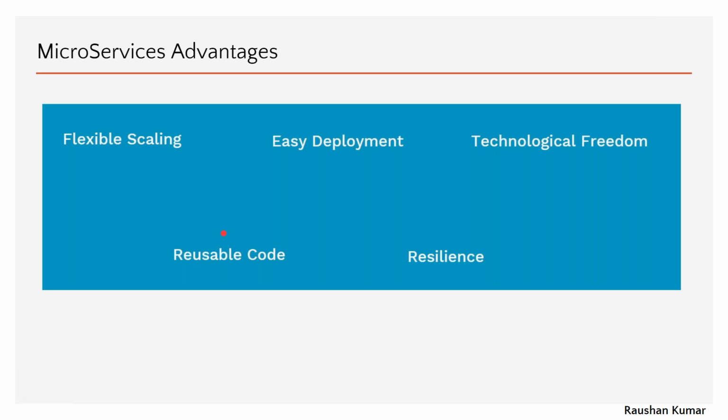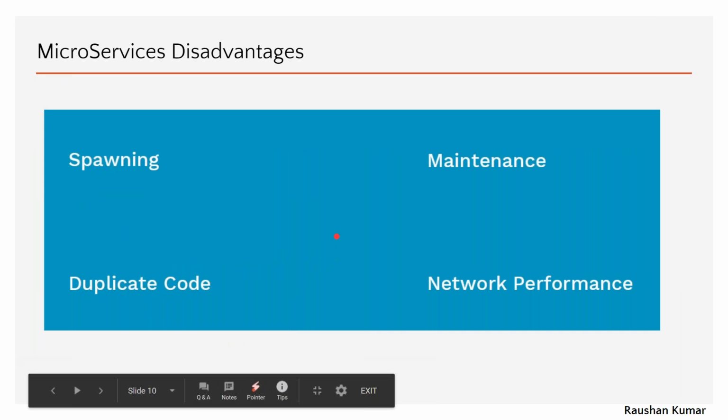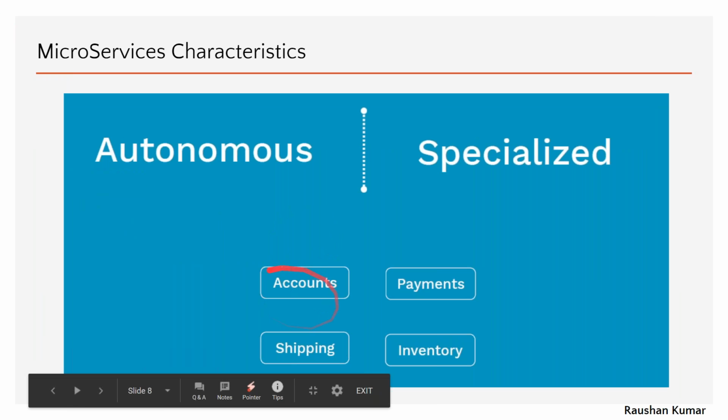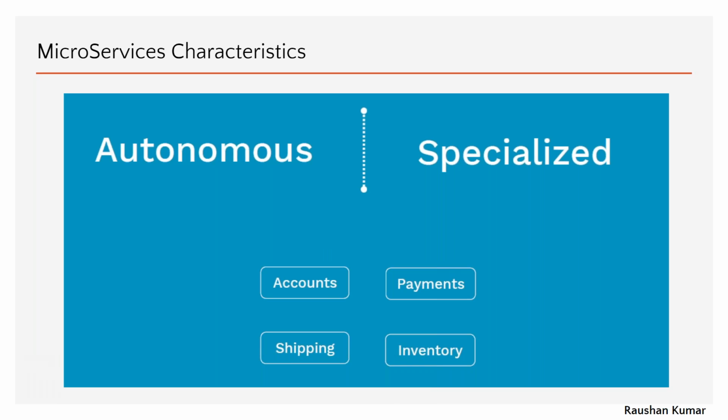Within one microservice, I can reuse the code because this is one unit. I can also club accounts and payments together and come up with one microservice. That again depends on my decision, how many microservices I want to create.